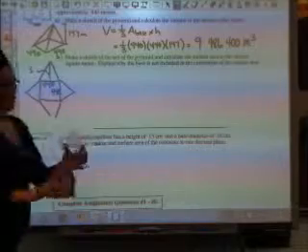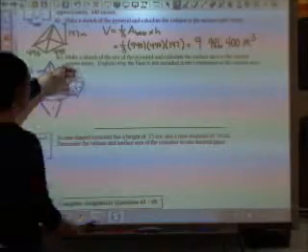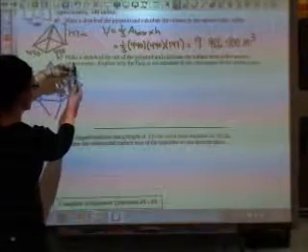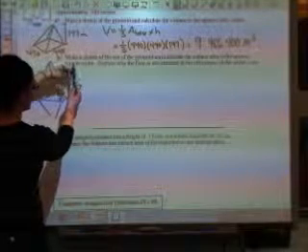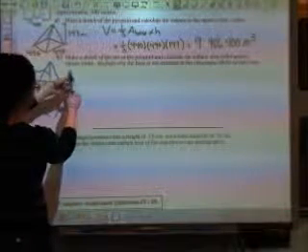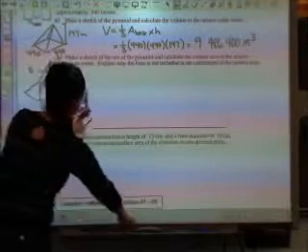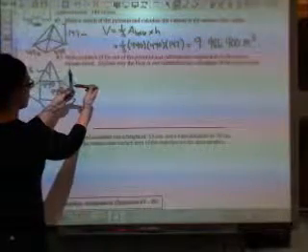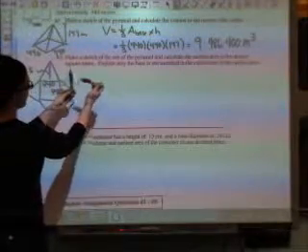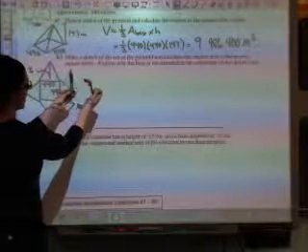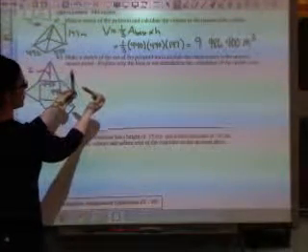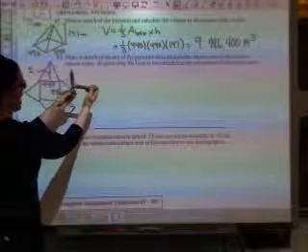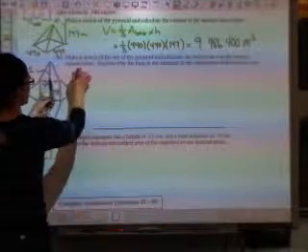So imagine this. Here's my pyramid. There's my height. And if I grab another pen, what do I have right here? Between the blue pen, the red pen, and this side here, which would be my slant height side, I have a right triangle.